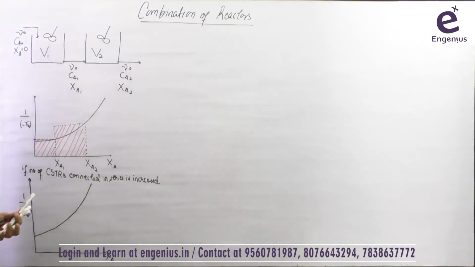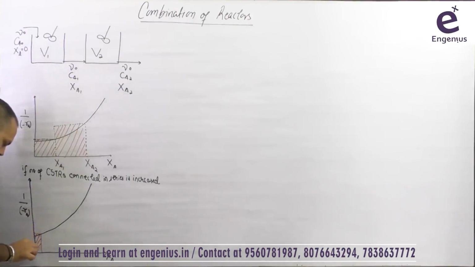Now suppose I have a number of CSTRs connected in series, how am I going to represent that? This is the first rectangle, for the first CSTR. Suppose I am taking 7 or 8 CSTRs so that I can represent them here.